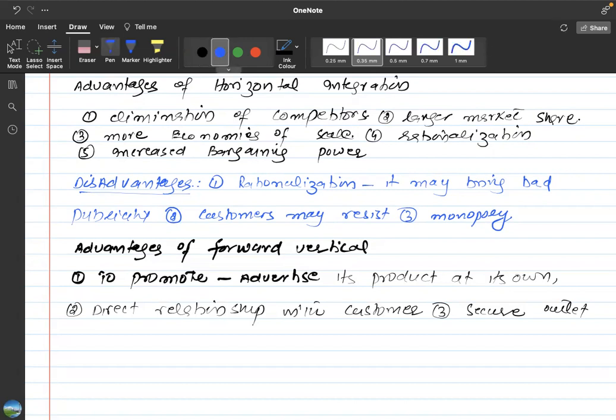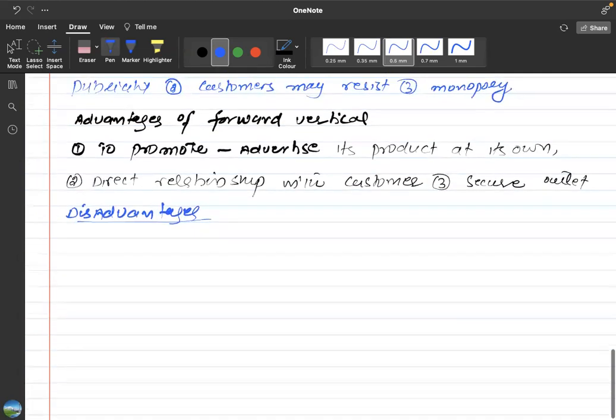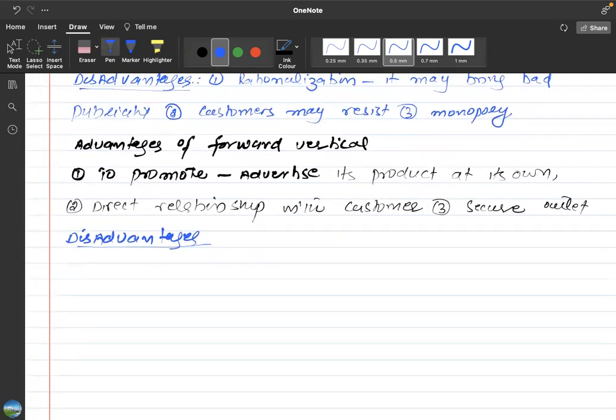Coming to the disadvantages of such integration. First of all, the consumer may suspect why the business has purchased the outlets, and consumers may discourage such kinds of integrations.